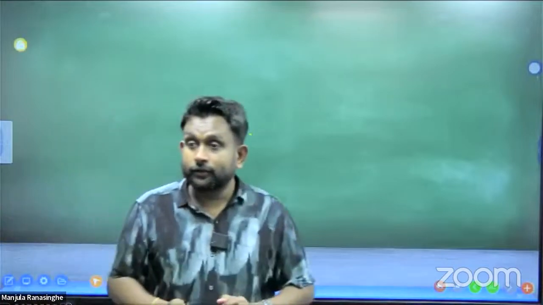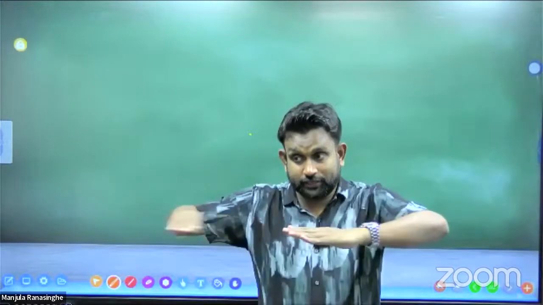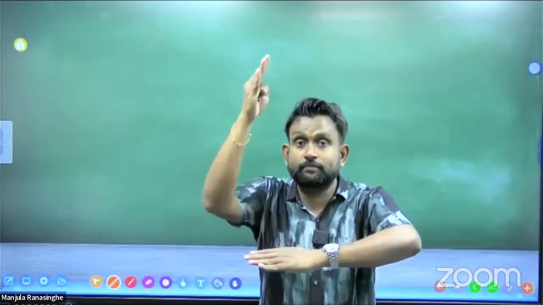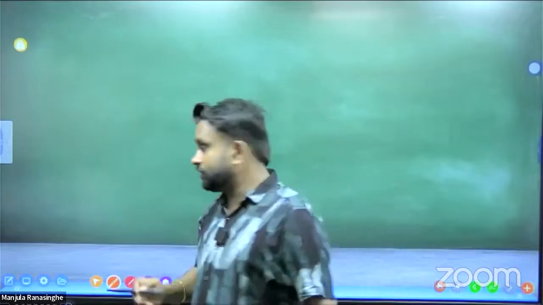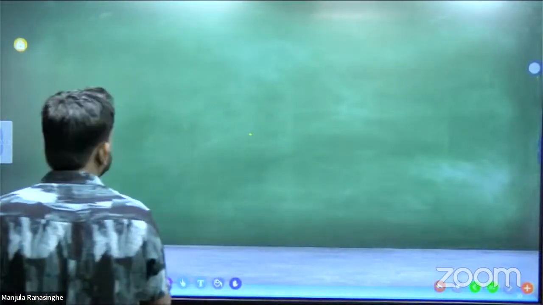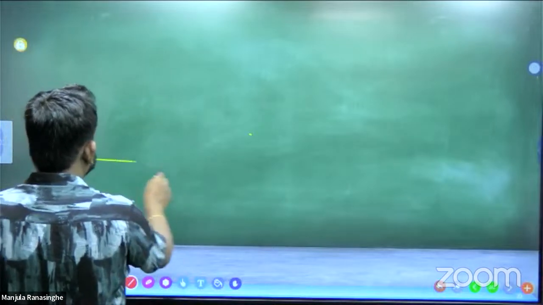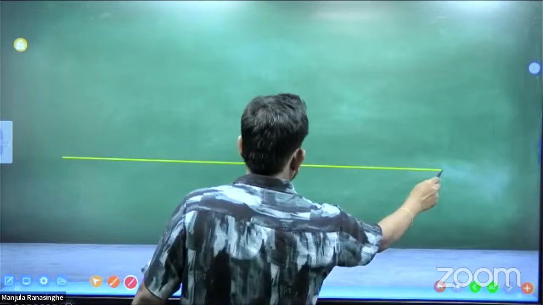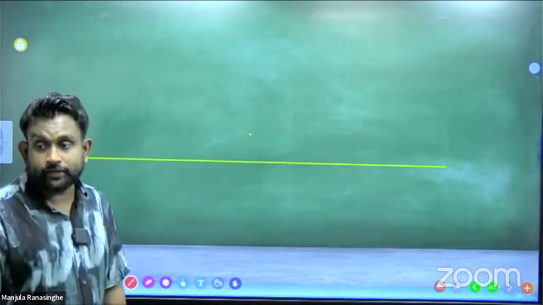What are they? First one, the road. The car is on a road, which is horizontal, and there is a building. The building is vertical to the road, right? This way. Okay, now I draw the horizontal line here. So this is the road running.